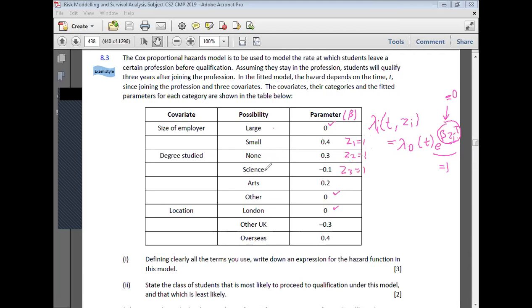Z3, if the person has studied science, it's going to take a value 1. Z4 1, Z5 1, Z6 1. So you will have 6 covariates, and each of these with these respective parameters here. So maybe we can go back here to see.